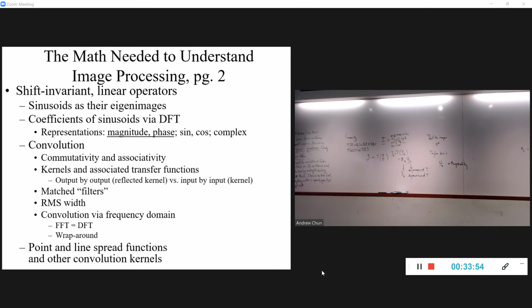Okay, but alternatively, those can be turned into how much you have a cosine at that frequency and a sine at the same frequency, and how much there is of each of the sine and the cosine respectively. And that can be turned into a complex number. Again, a real part and an imaginary part.